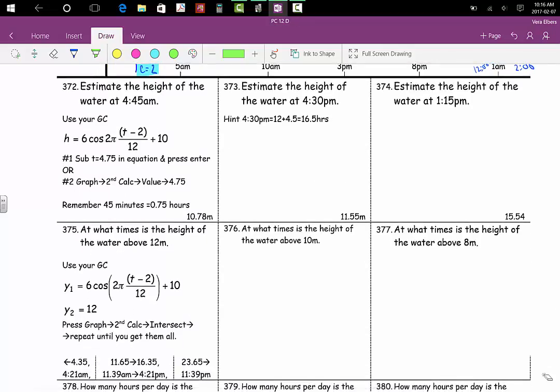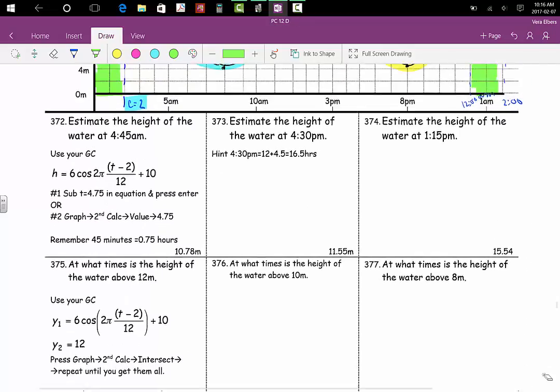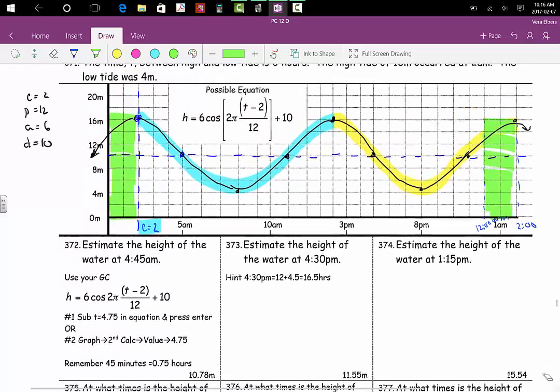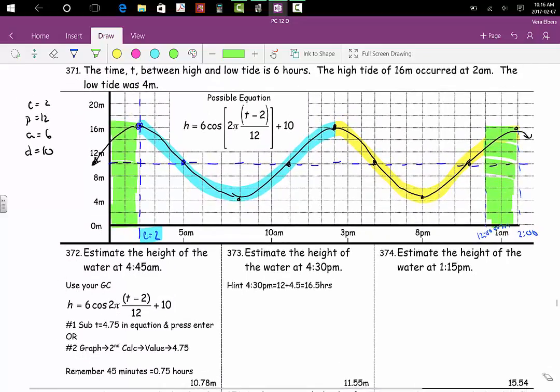Okay, so starting with 374, you've been asked to estimate the height of the water at 1:15 p.m. Now, all of these equations work on the 24-hour clock, so the first thing you have to do is to take your time of 1:15 p.m. and change it into the 24-hour clock time. So I guess that's military time. So 1:15 plus 12 gives you 13:15.